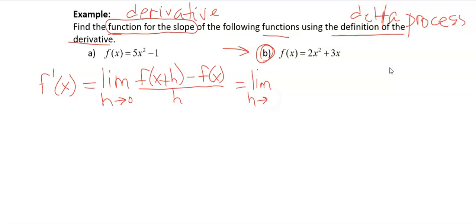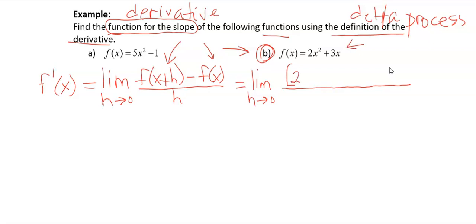Step number 1 would be to correctly put x plus h into the function first, and then subtract the original function. Now make sure you use brackets for that. Brackets are absolutely vital. Sometimes I like to use square brackets, although you don't need them. So I'm going to put x plus h into the function wherever I see an x.